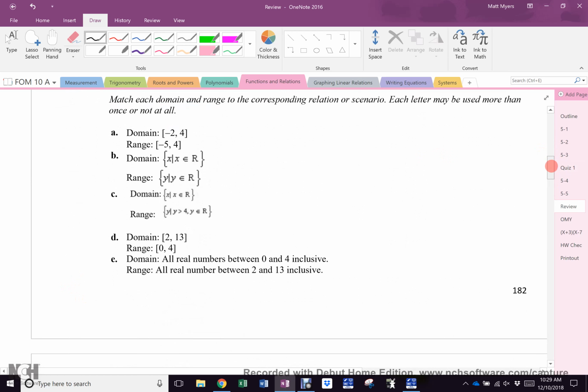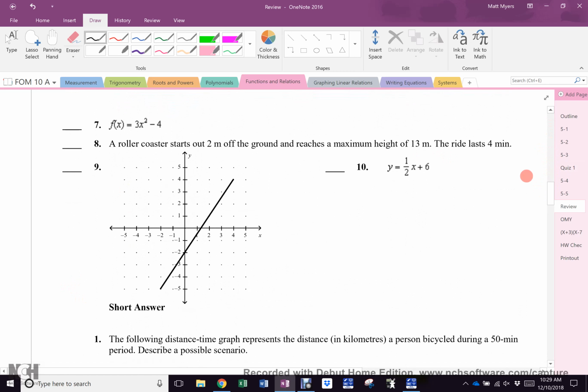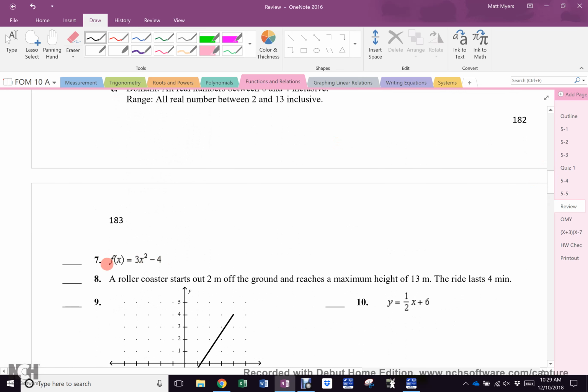Now this causes trouble every year. I wasn't here to explain it. These are the choices. There's the questions. Every year kids are like, I don't know what I'm supposed to do. Did you turn the page? Okay, so this one right here. What possible values can I have for x? Any number.